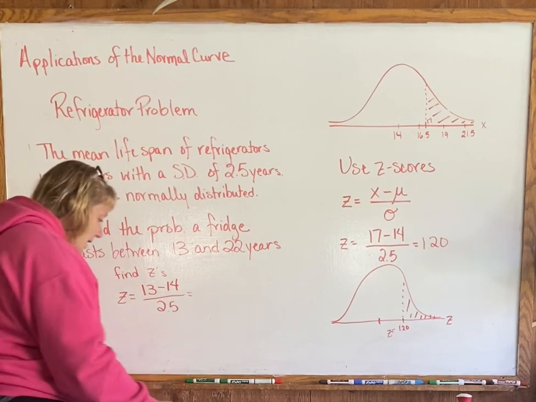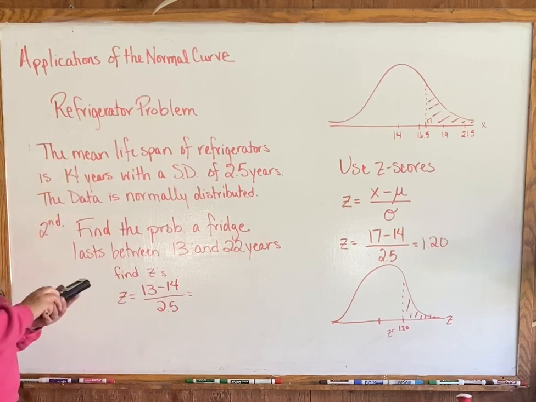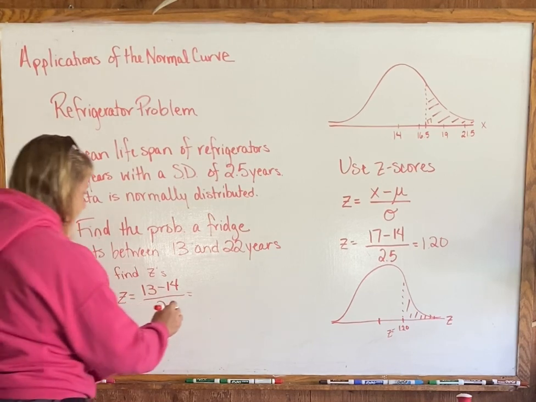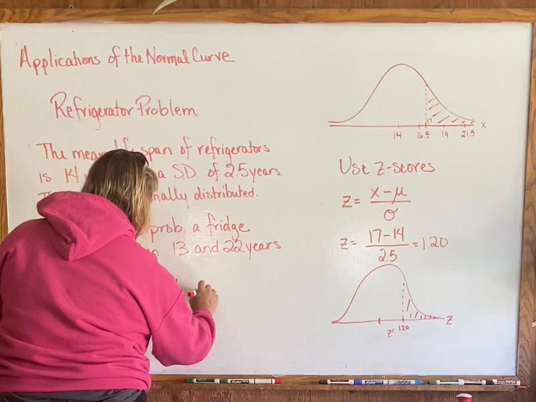So remember, again, that is going to be 13 minus 14, hit enter, and then divided by 2.5. And for this one, I got negative 0.40.